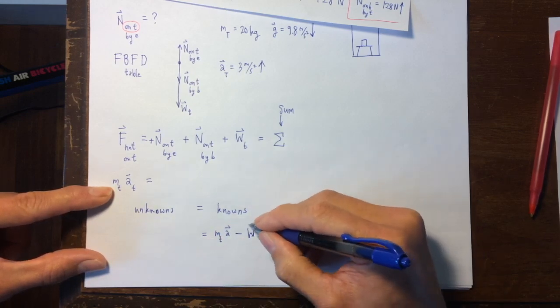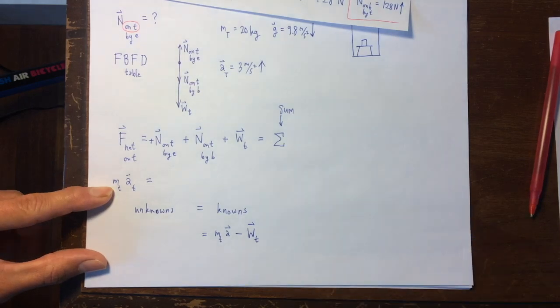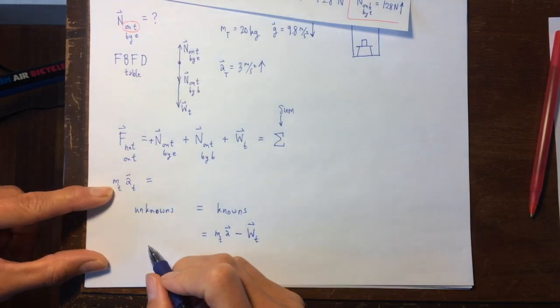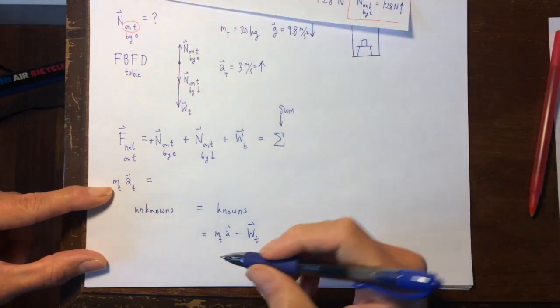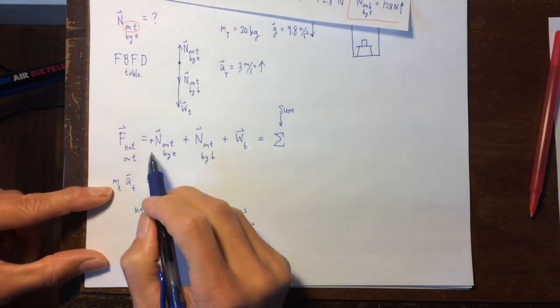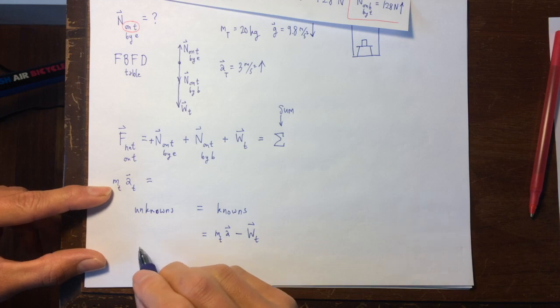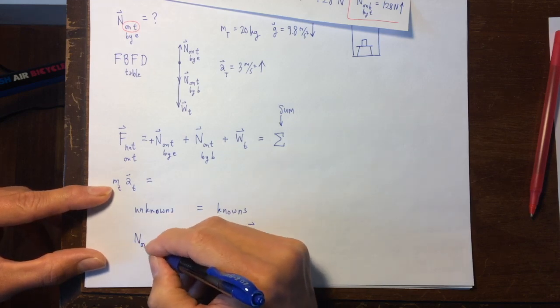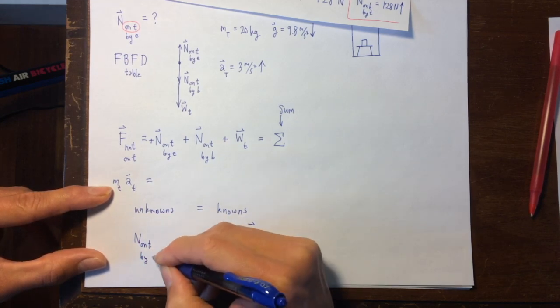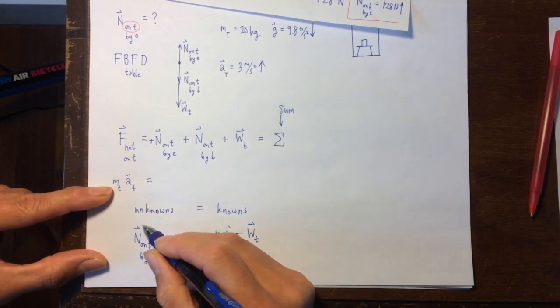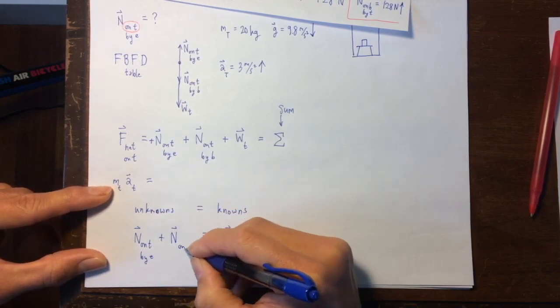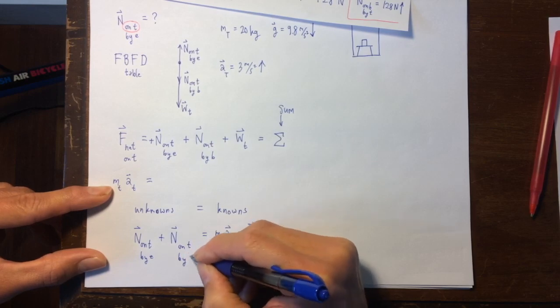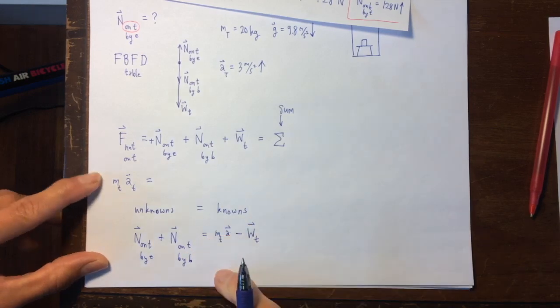So this is the weight force acting on the table. The unknowns are left over, so I'll leave them over with the plus signs. I didn't move them, they just stayed there, so they keep the same sign as they had before. So I've got the normal force on the table by the elevator, this is the goal of my problem, plus the normal force on the table by the box.